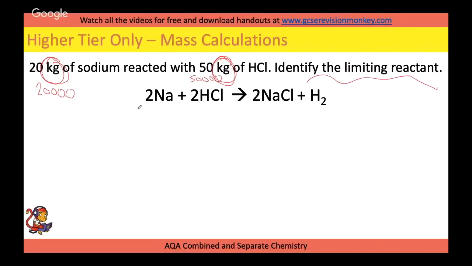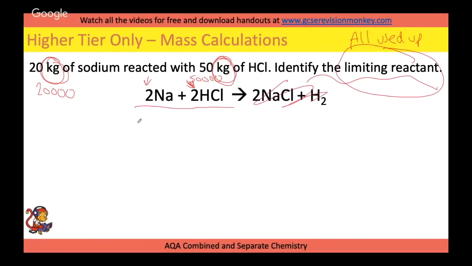So it's saying when you react these two together, ignoring this side, one is a limiting reactant. That will mean that it will all be used up, and the other one you add in excess. Okay, so the limiting reactant is the one that's used up. So they should react in a ratio of 2 moles to 2 moles.